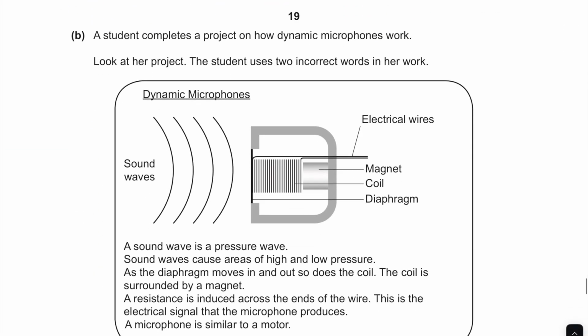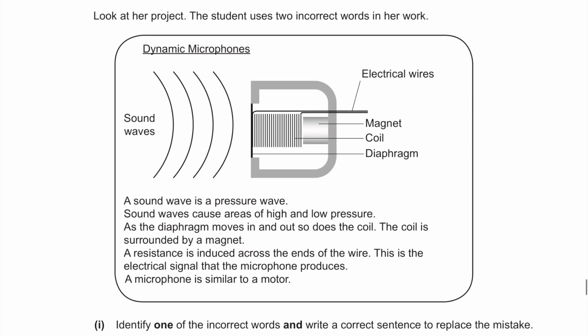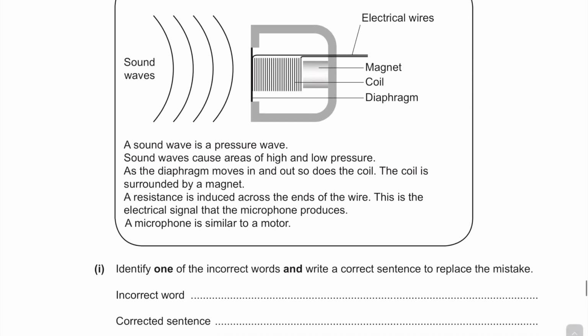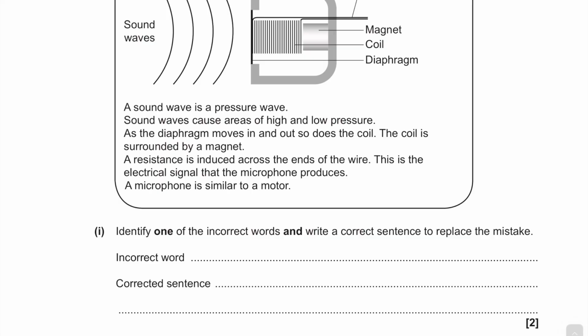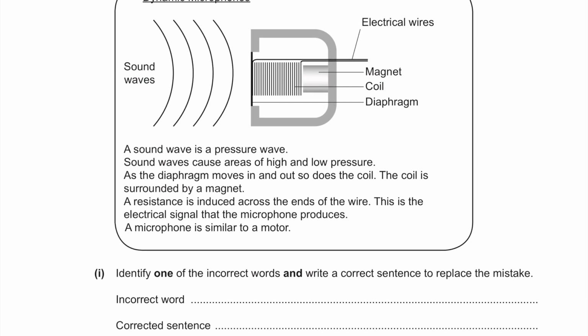Part B. A student completes a project on how dynamic microphones work, and we've been given a paragraph or two, and we need to identify one of the incorrect words and write down a correct sentence to replace the mistake. A sound wave is a pressure wave. Sound wave causes areas of high and low pressures.